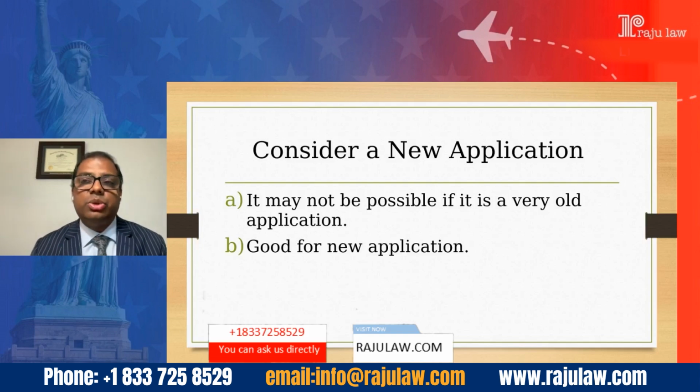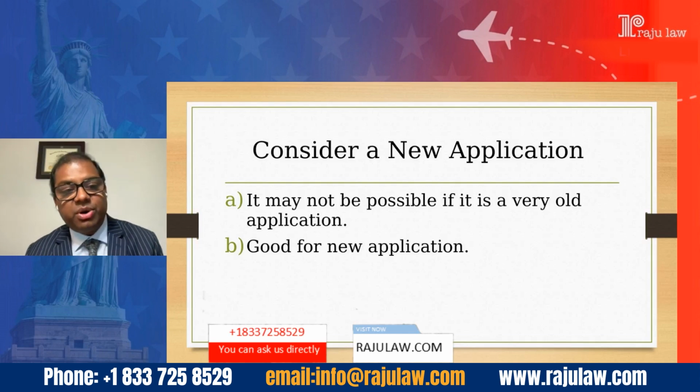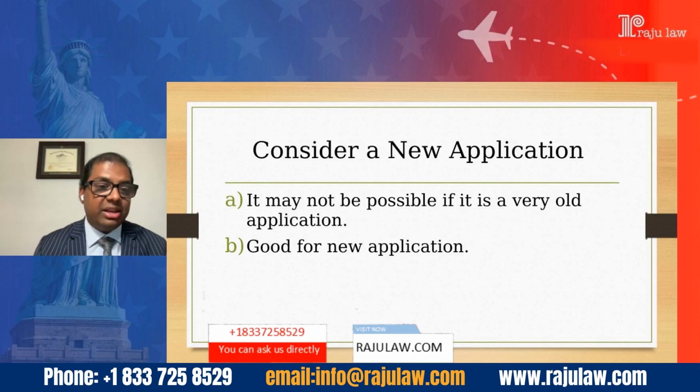However, in some situations, this is not a good option. Let's say you submitted a form 15 or 16 years ago. Now, there is no way you can get a copy of that form, because USCIS changes their forms multiple times a year. In 15 years, they probably changed that form like 30 times. If you try to submit a totally new application, you have to follow the old forms, and you cannot find that.